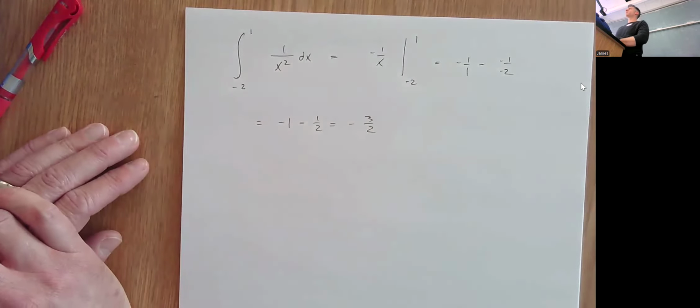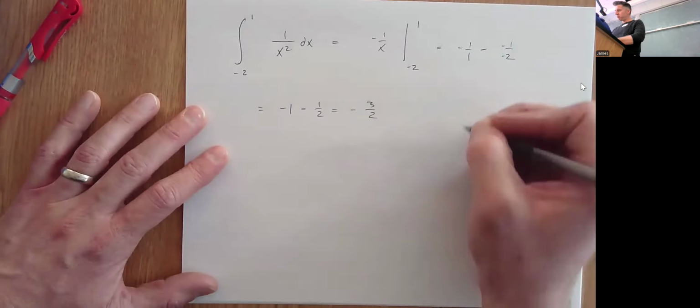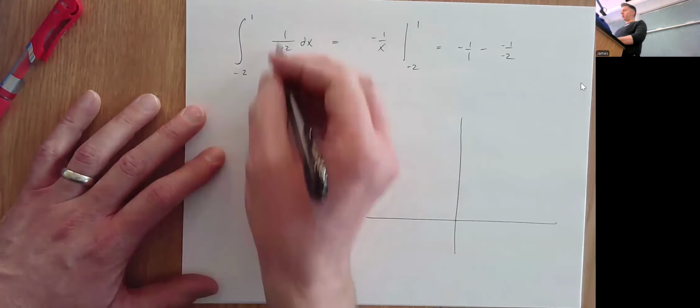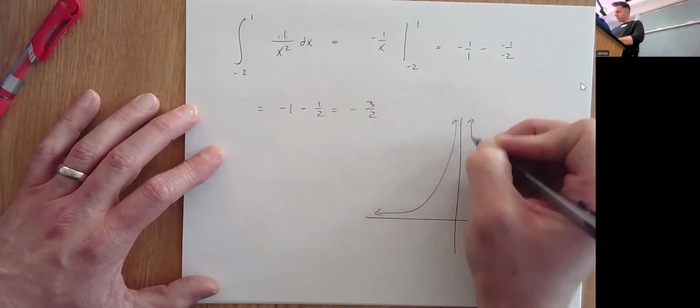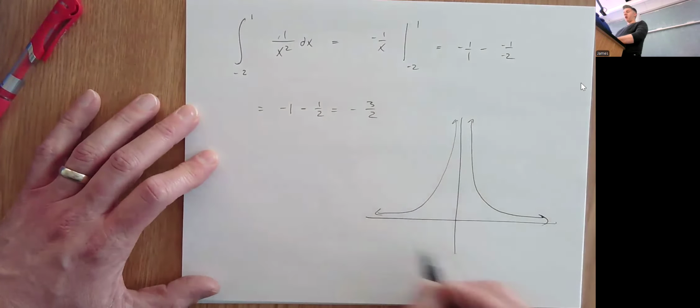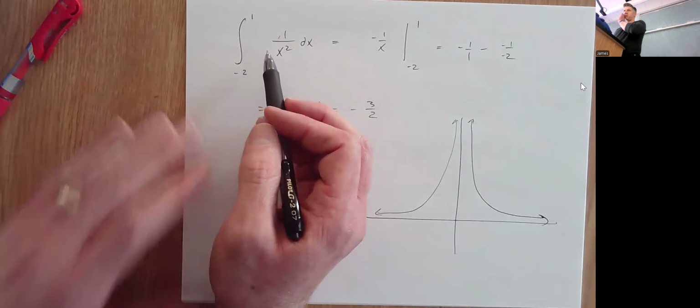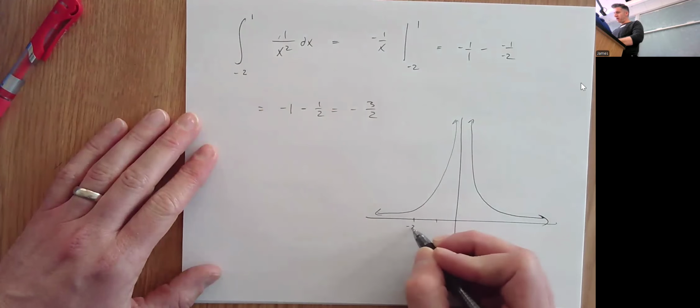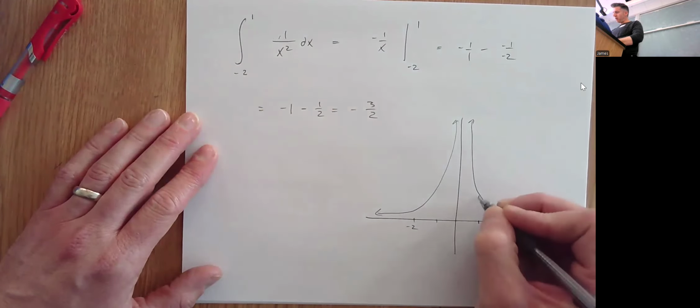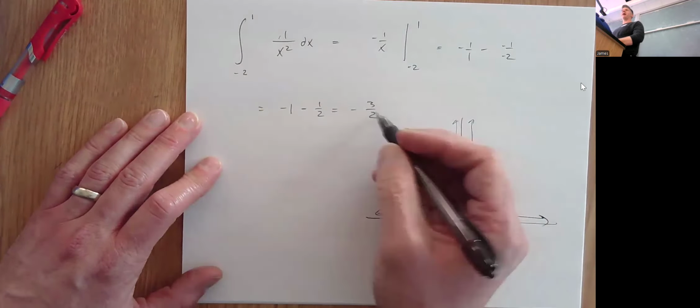Cool, let me graph it for you. 1 over x squared looks like this. And what we just said is the area under this curve, it's always above the x-axis, from -2 to +1, we just said all that area was -3/2.